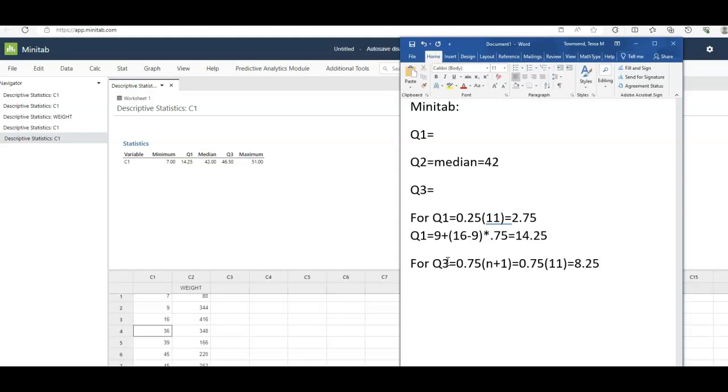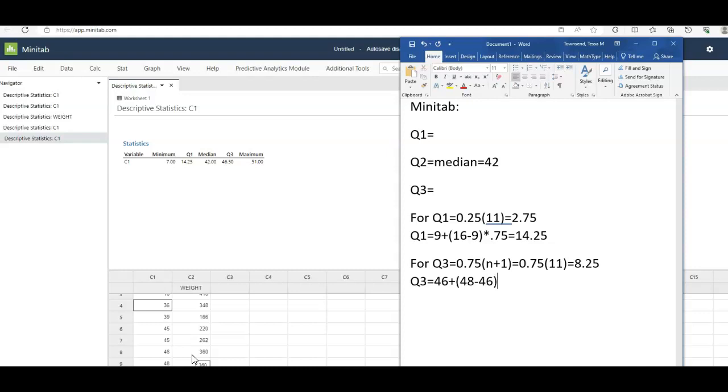So for Q3, what it's going to do is it's going to look at the 8th entry in the list, which is 46, plus the difference between the 9th and 8th entries, and multiply that times 0.25. That's our decimal there. The decimal left over there.